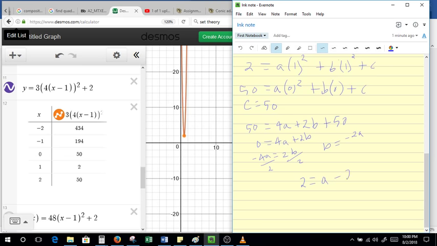Minus 2a plus 50. So we can move this 50 over. Negative 48 is equal to, and then a minus 2a is going to be negative a. And we find that a is equal to 48.